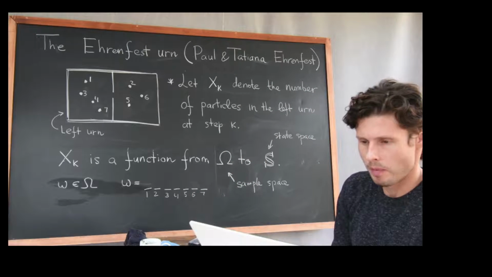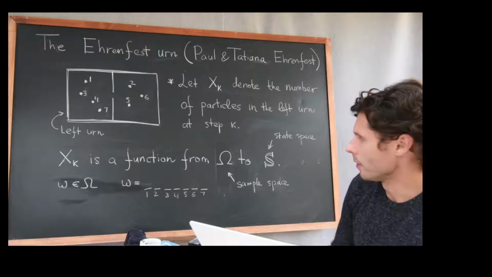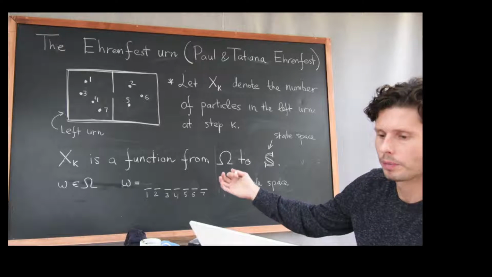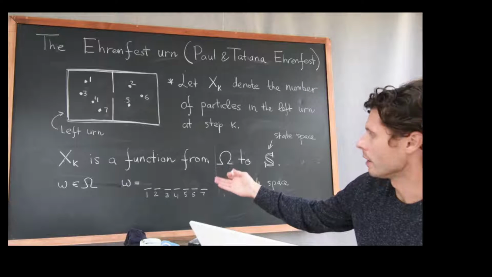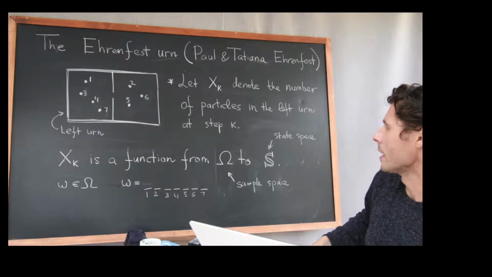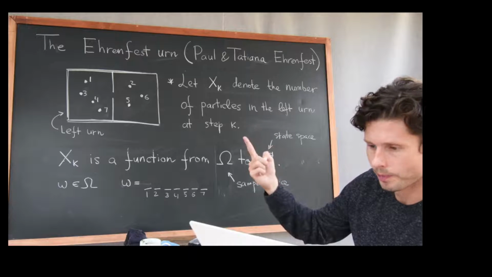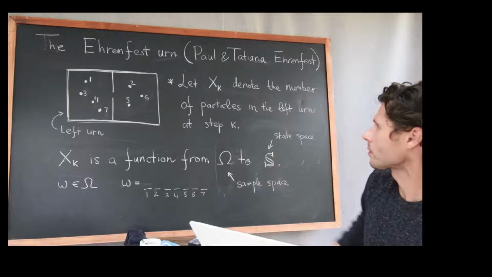That track each of the particles, and then I'm just going to put a 1 or a 0 depending on whether that particle is inside the left urn. For the left urn I'm going to put a 1, for the right I'm going to put a 0.